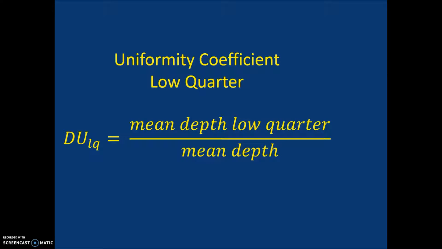More recently, the more commonly used is the uniformity coefficient of the low quarter, also called distribution uniformity low quarter, which is the ratio of the mean depth in the areas of the field that correspond to 25% of the field receiving less water divided by the mean depth.